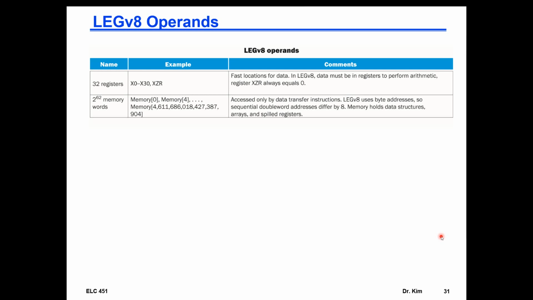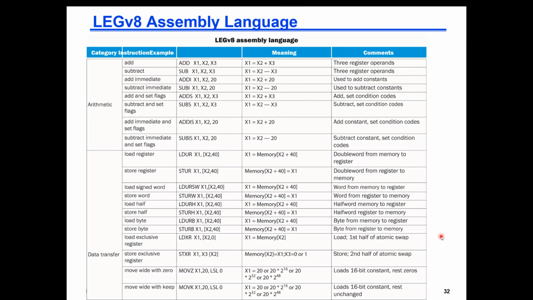Addresses for bytes are consecutive and differ by 1, but words, since they are multiple bytes, jump over the number of bytes that makes up the word. We're going to see that later.